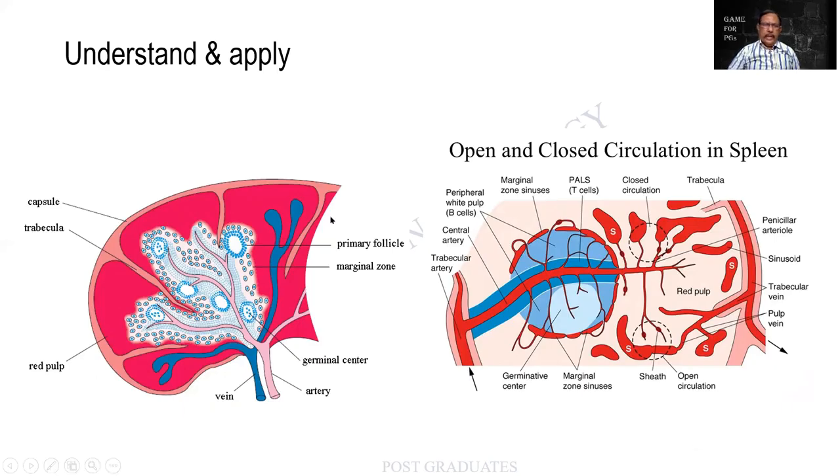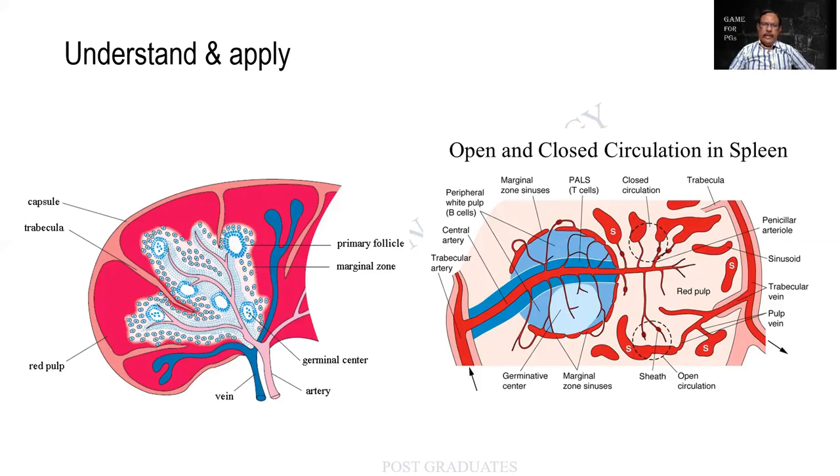This is a diagrammatic or a schematic picture of the spleen which you people can make use of when you take the classes for the undergraduates. There is a capsule, and then there are depressions from the capsule called the trabeculae. These are incomplete, and you will also be seeing some areas which are somewhat reddish in color called the red pulp, made mainly of the sinusoids or a network of sinusoids.